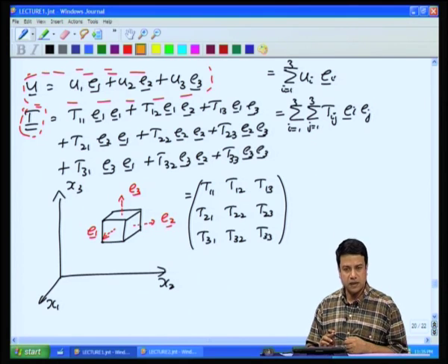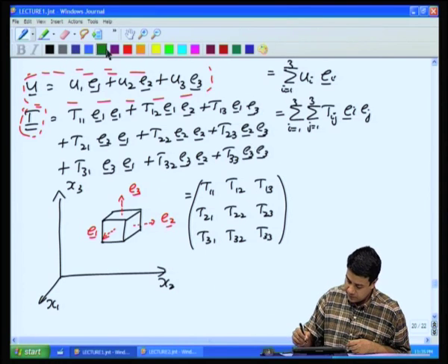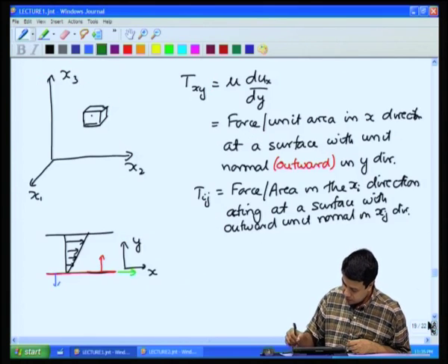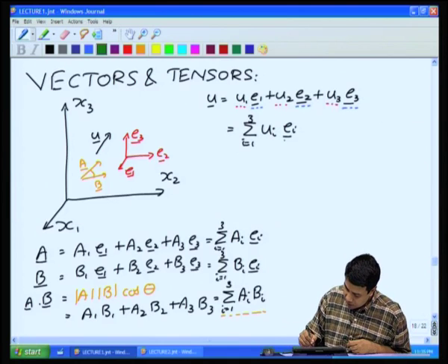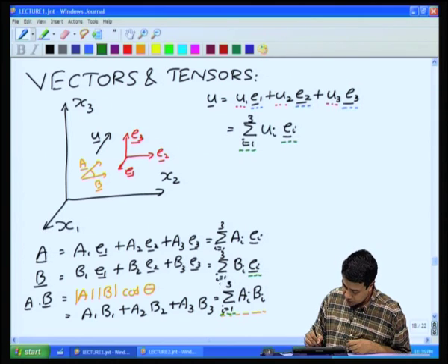Without loss of generality, without any notational ambiguity, one can remove the summations and the unit vectors. The unit vector as well as the summation can in general be removed.